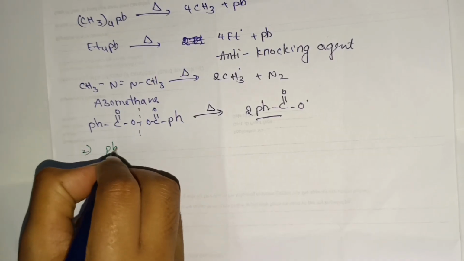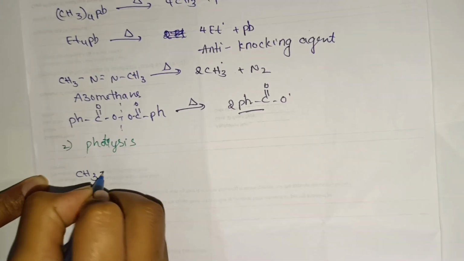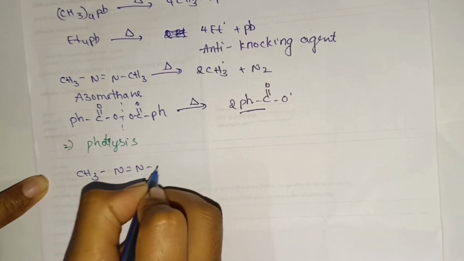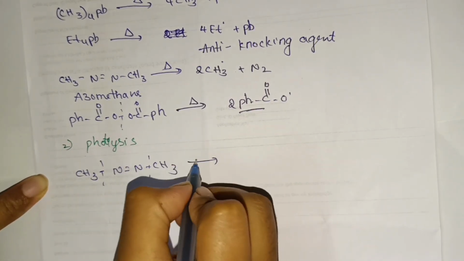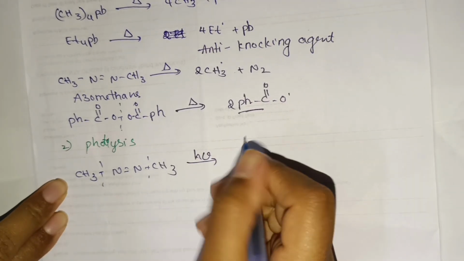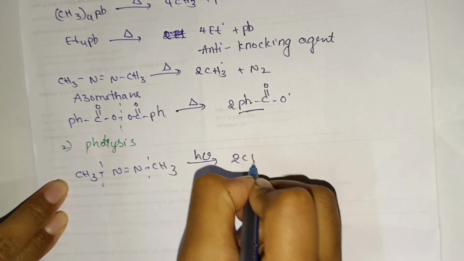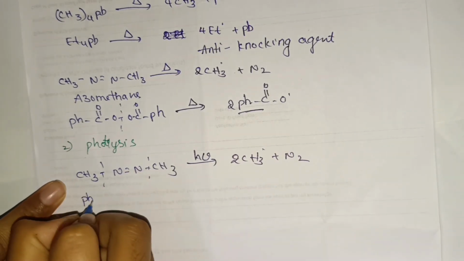Next, the second one is photolysis. Same in azomethane, the bond breaks like this, but here in presence of photolysis, meaning sunlight, plus N2.